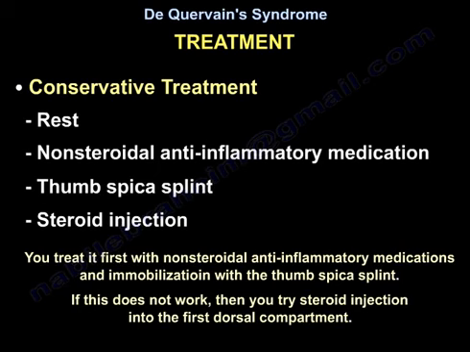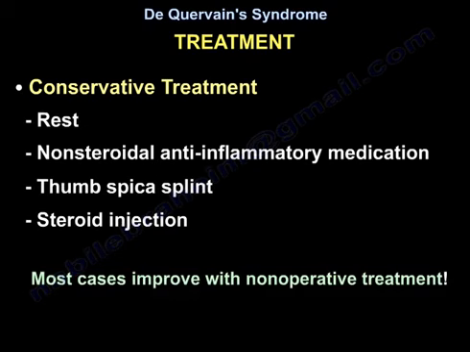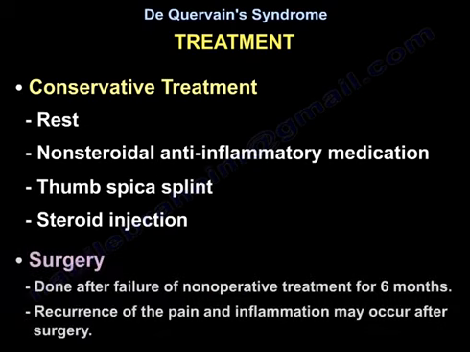And if that doesn't work, then you try steroid injection into the first dorsal compartment. Most cases improve with non-operative treatment. You will do surgical release of the first dorsal compartment after failure of non-operative treatment for 6 months. Recurrence of the pain and inflammation may occur after surgery.